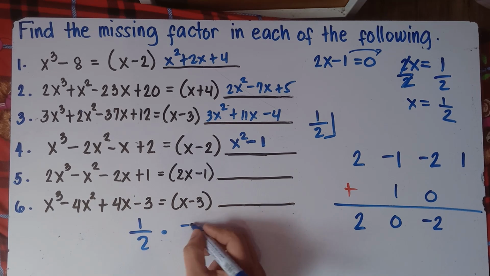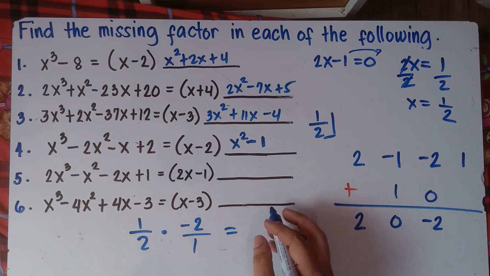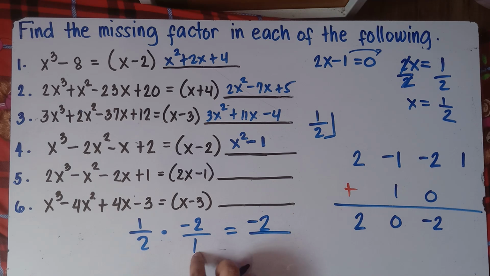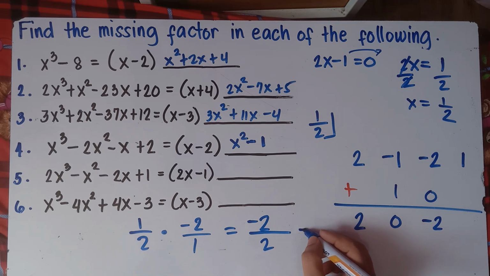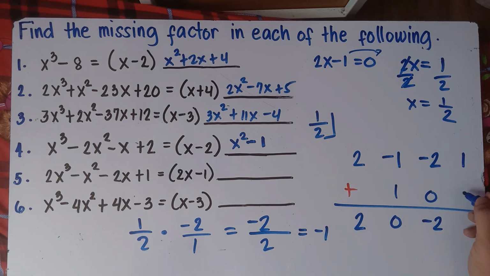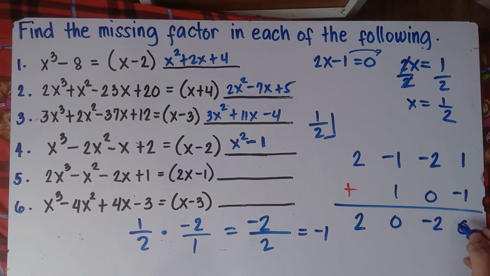Understood that there's 1 here. 1 times negative 2 is negative 2, and 2 times 1 is 2. Negative 2 divided by 2, that is negative 1. So this is negative 1. Positive 1 plus negative 1, that is 0.